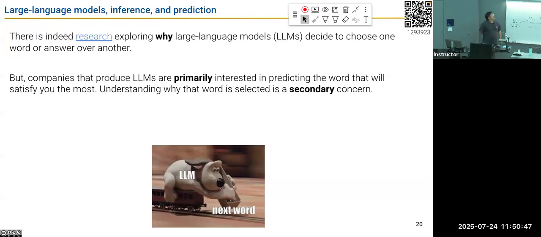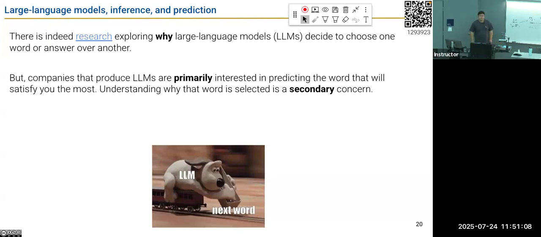But of course, in making this prediction, you're also factoring in a lot of features. You're considering the context and considering your tone and things like that. Those can also be viewed as inference, but it's still at its core prediction.